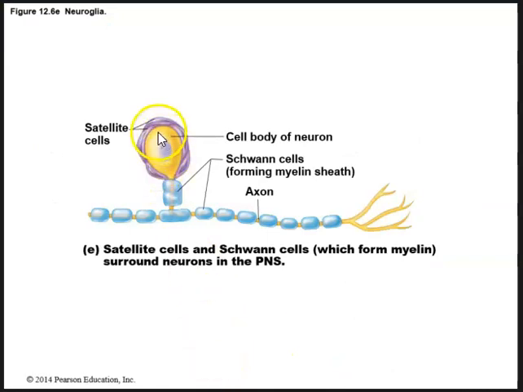So here we see the cell body of the neuron in the peripheral nervous system surrounded by a satellite cell. And then here we see axons surrounded by Schwann cells that form that myelin sheath, the wrapping around of the processes of the cells to help with conduction of any electrical signals down the axon.